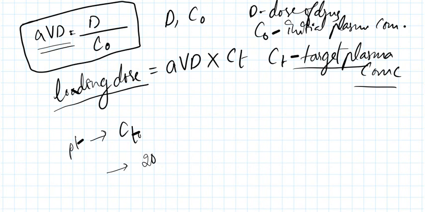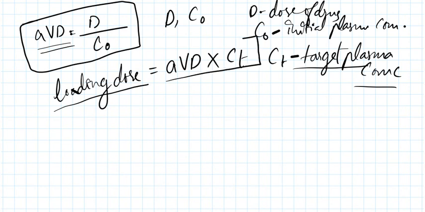For calculating the loading dose, you can simply multiply apparent volume of distribution into target plasma concentration, that is CT. If the examiner asks you apparent volume of distribution, you simply divide dose of the drug by initial plasma concentration, that is C naught.